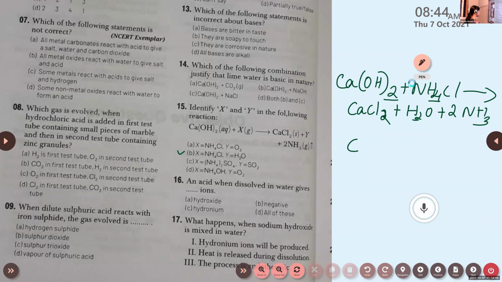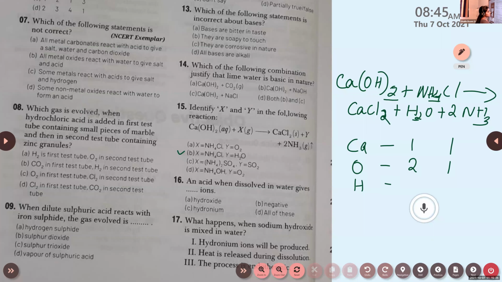Before adding this 2, look at the total number of atoms. Calcium: left hand side 1, right hand side 1. Oxygen: left 2, right 1. Hydrogen: left 4 plus 2, 6, and right 2 plus 6, that is 8.